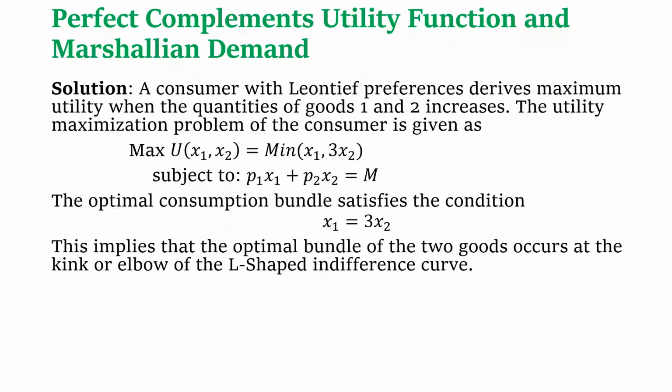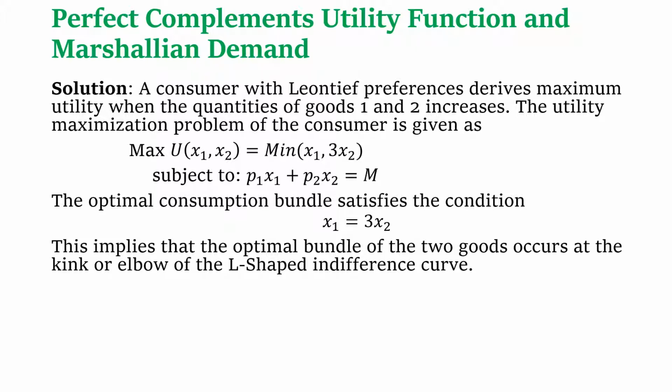If one of them increases and the other stays the same, the consumer is not going to derive maximum utility. The only way is if both goods increase at the same time and by the same amount. Otherwise, he's not going to maximize utility.